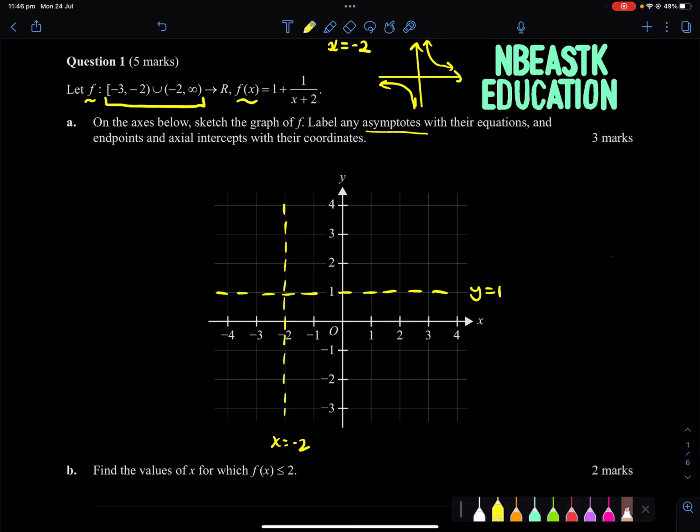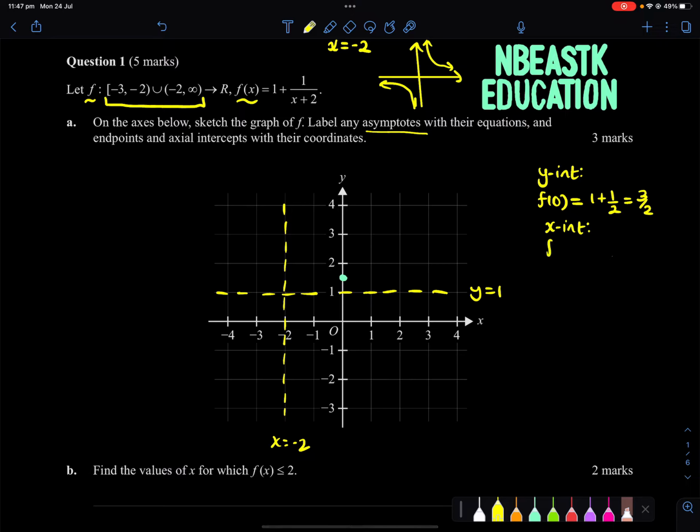With the equations and endpoints and axial intercepts. Okay, let's try to find the x and y intercepts. First, let's find the y-intercept. For your y-intercept, let x equal 0, so f of 0 is 1 plus a half, which is 3 over 2, over here. Let's try to find our x-intercept.